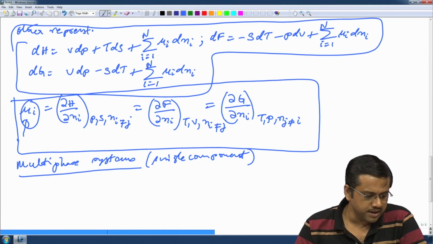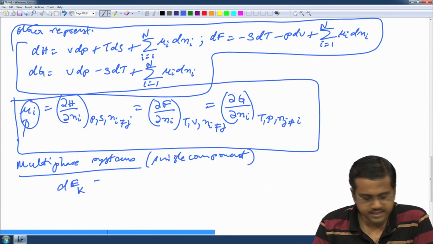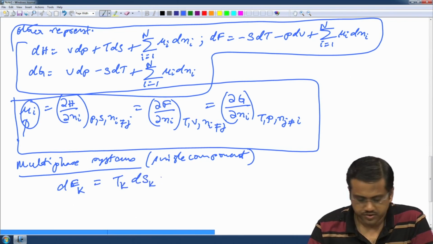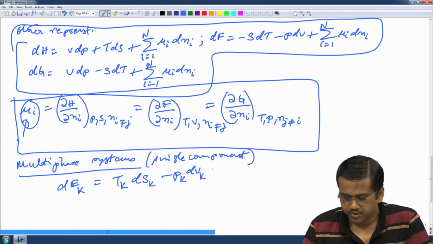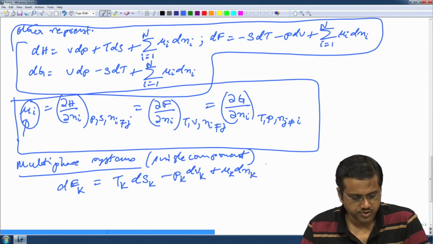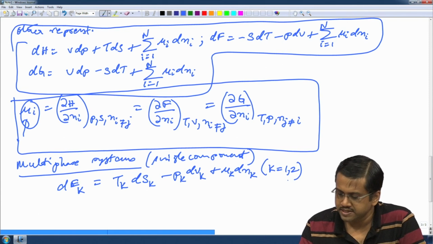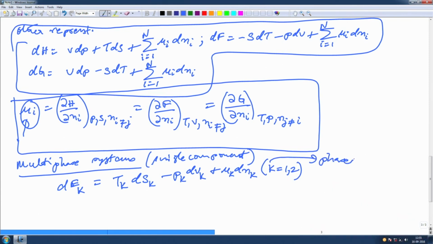Now, in a multi-phase system, we can write the same internal energy change, summed over k equal to 1, 2, where 1 and 2 are the two phases. k is basically the phase; it can be 3 phases also, but right now we have just chosen 2 for simplicity.